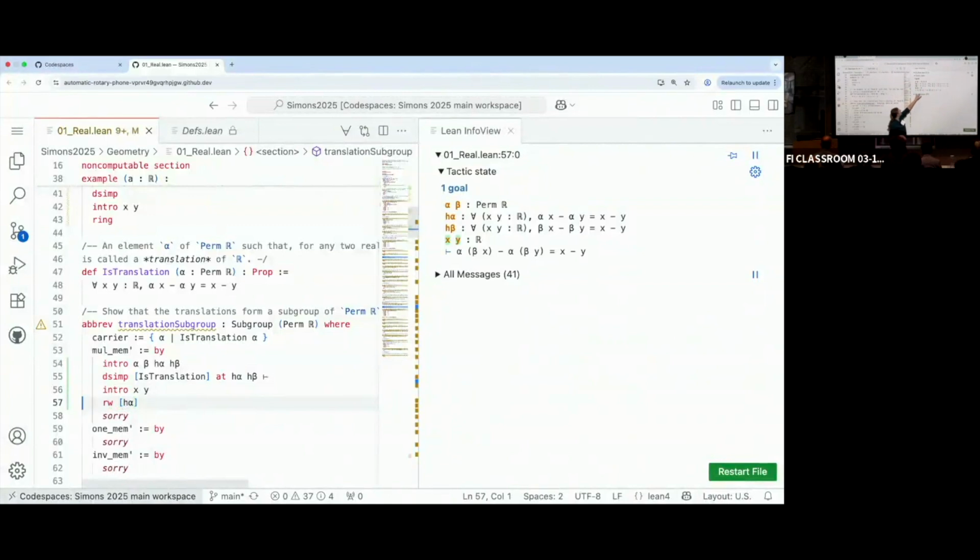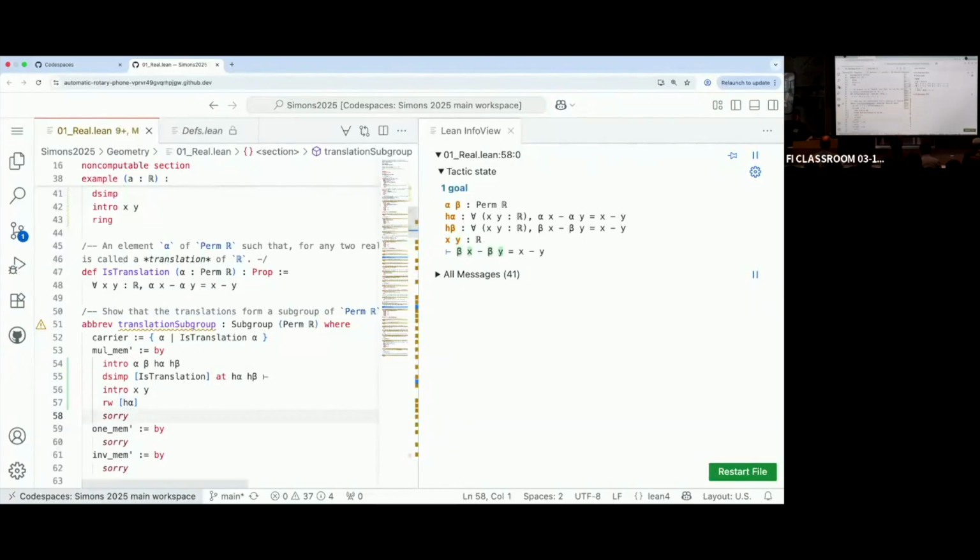Here it sees that alpha of beta of x minus alpha of beta of y matches the form of this quantified equality, and it makes the appropriate transformation. So if I rewrite H alpha, it turns alpha of beta of x minus alpha of beta of y into beta of x minus beta of y.